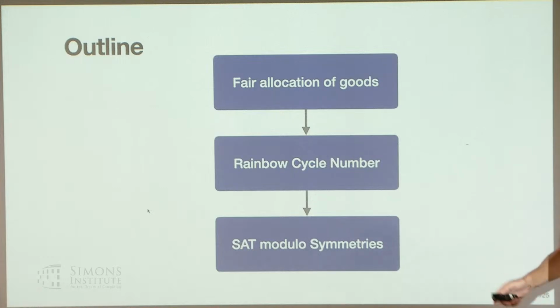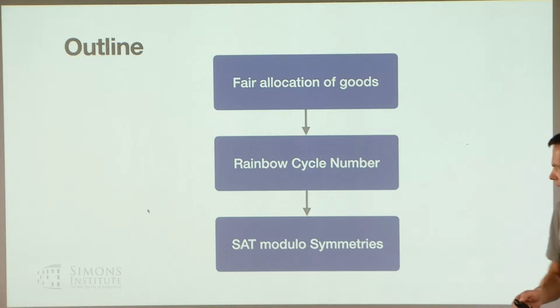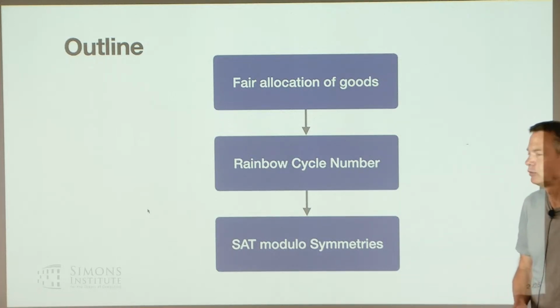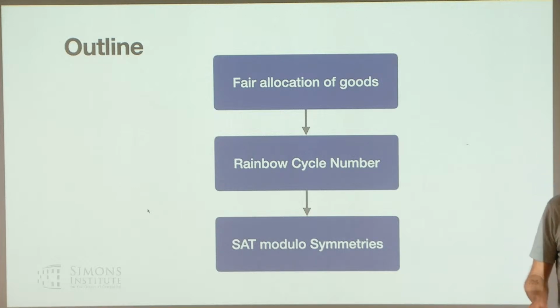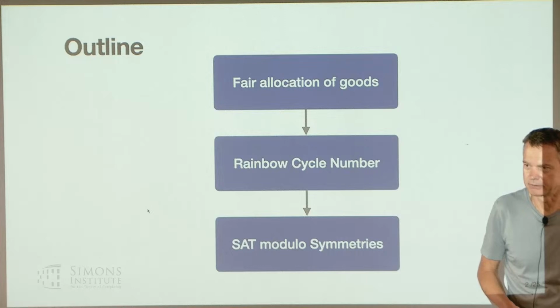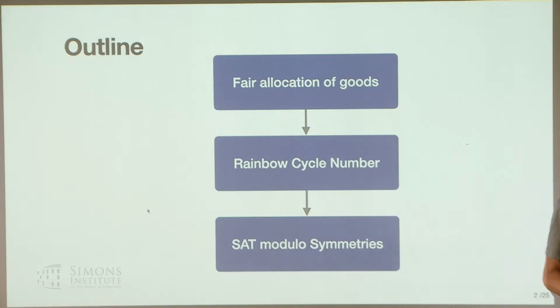And then we see that computing it is quite a challenging question. I will show you how our method of SAT modulo symmetries can be applied to this, and how we can compute rainbow cycle numbers, at least for small ones.